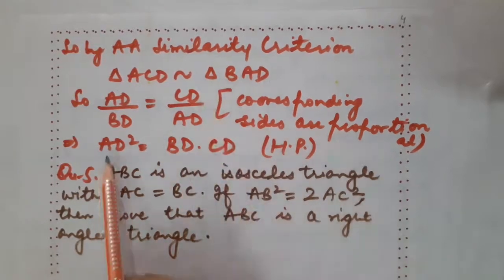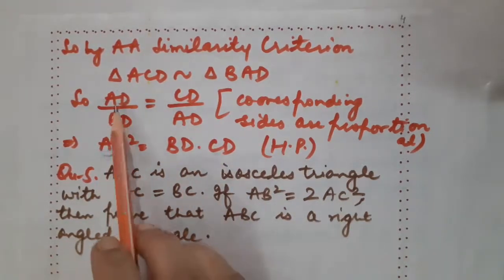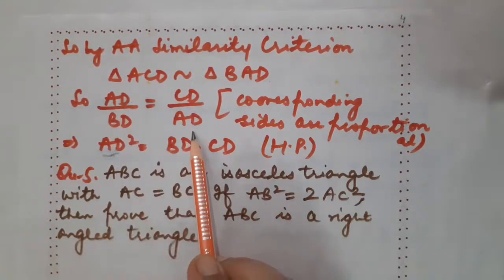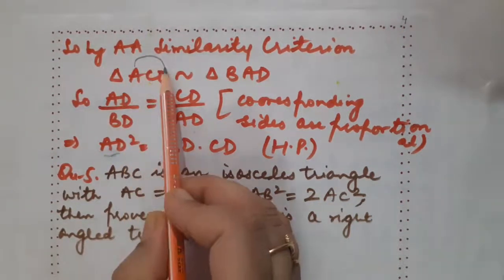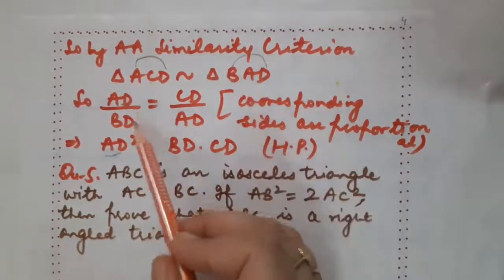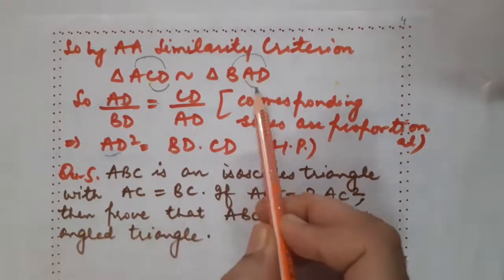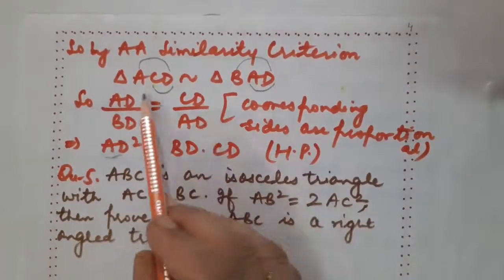Now children, as I want AD square, how can I get AD? Definitely I will be getting AD twice, one at the numerator as well as another as the denominator. Okay. So this is AD upon BD will be taken is equal to, this is CD upon AD again. Got it? Why am I taking this relation?